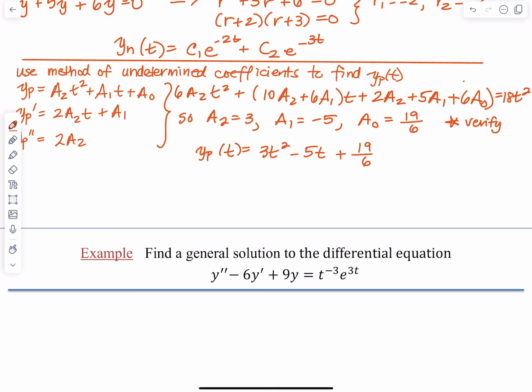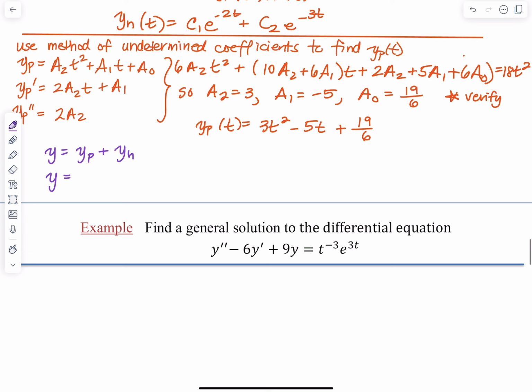So now we can come up with our general solution, which is that particular solution plus the solution to the homogeneous equation. And we come up with y of t equals 3t squared minus 5t plus 19/6 plus c1e to the negative 2t plus c2e to the negative 3t.